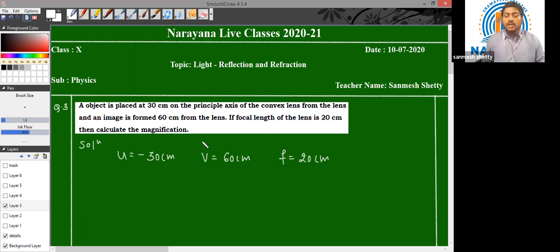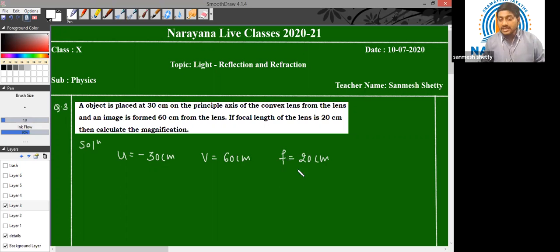Now one question may arise in your mind: how do I know that V is equal to plus 60 only? It can be minus 60 also. But as you can see, for a convex lens, if you keep the object at a distance more than its focal length, the image is always real, on the other side of the lens.